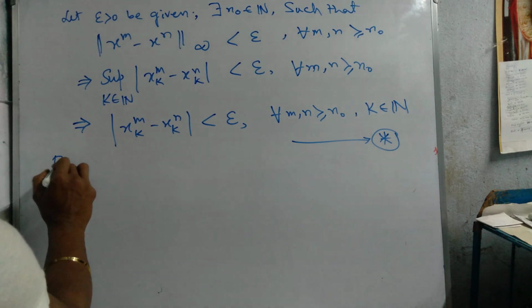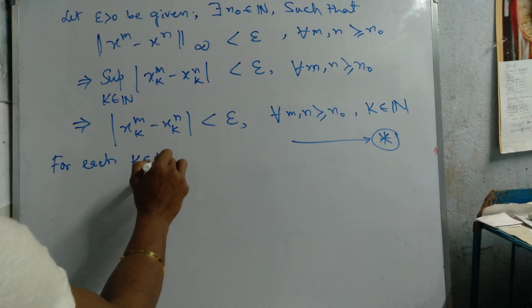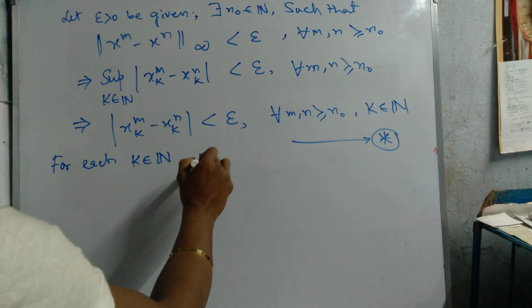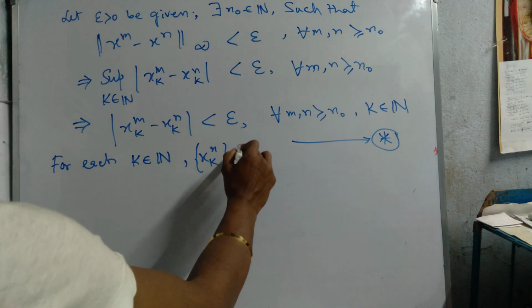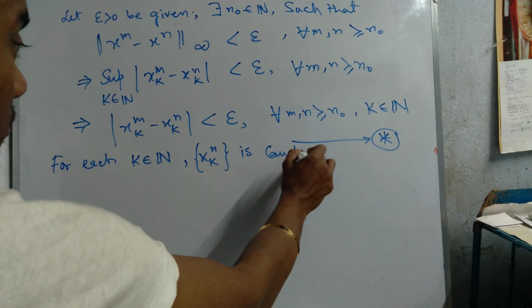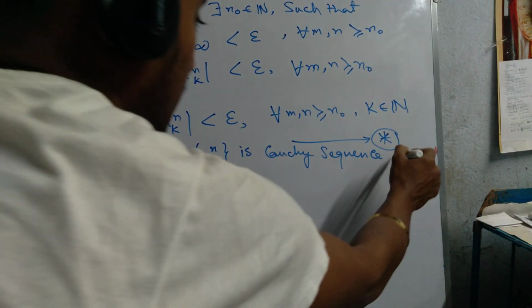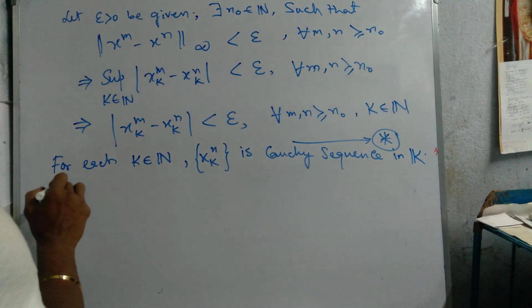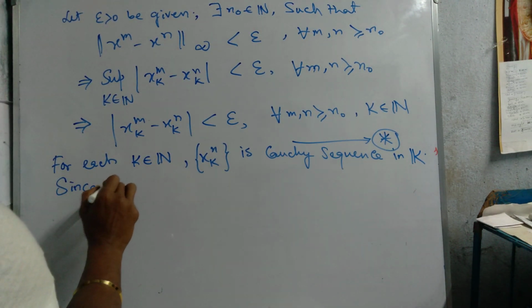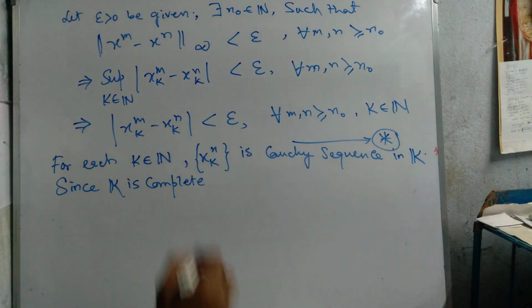Then what we write here? For each k belongs to natural numbers, xk to the power n is a Cauchy sequence in K. Since K is complete, then what happened?